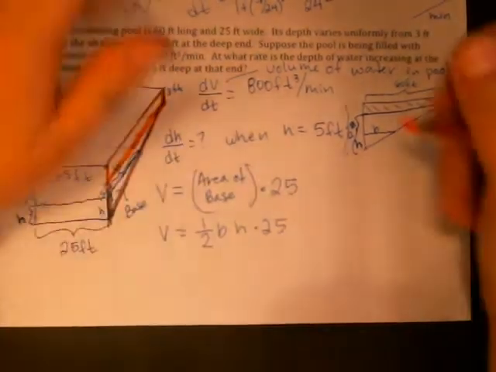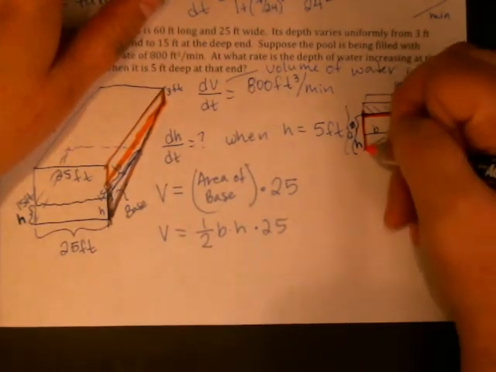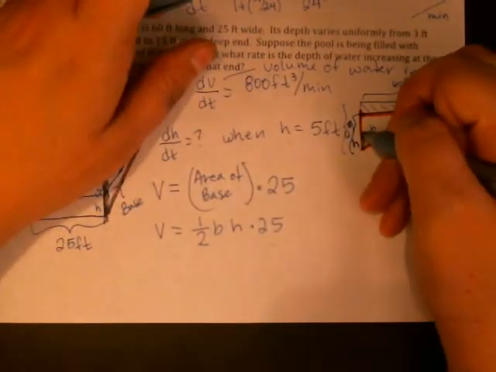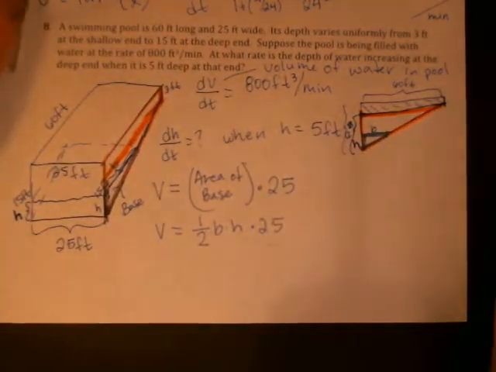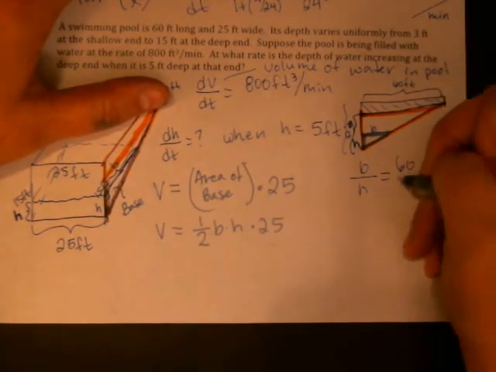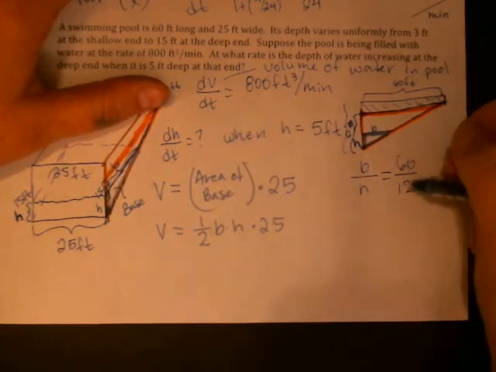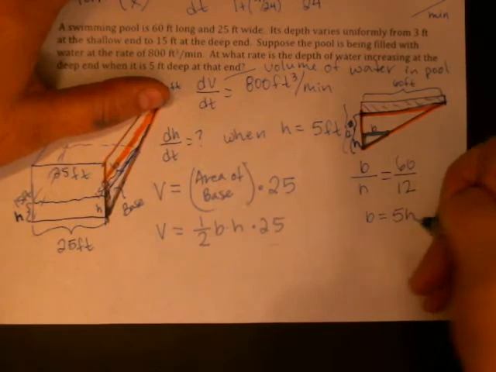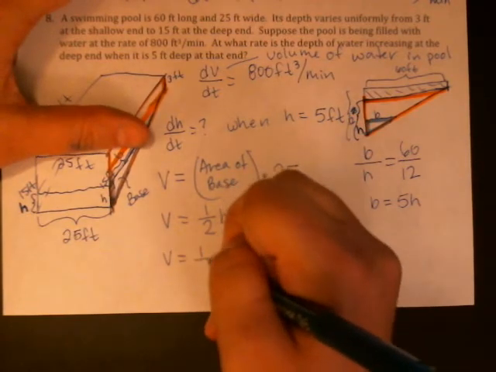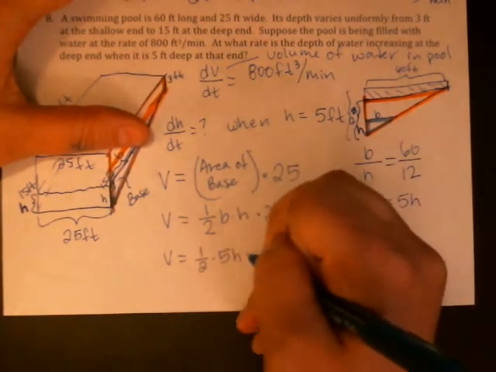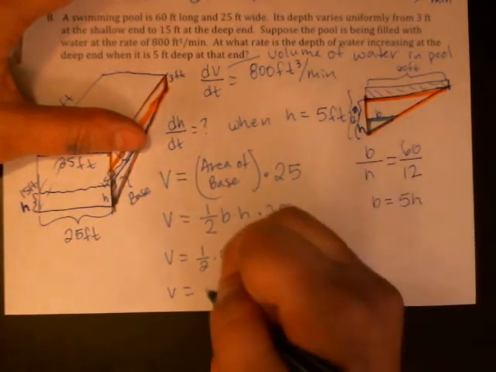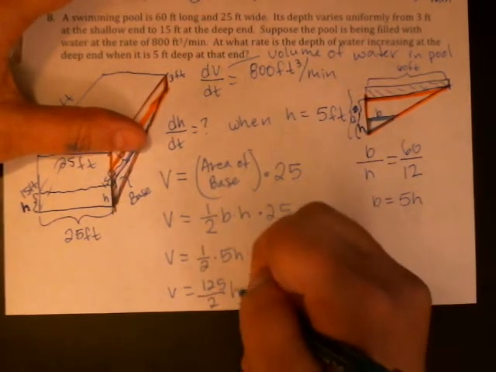We have this bigger 12-foot height, 60-foot base triangle, and then we have our smaller height H, base B triangle, and we are trying to find B in terms of H. So B over H would have to equal 60 over 12. 60 divided by 12 is 5, so B is 5 times H. Back to my formula, I have 1/2 times 5H times 25 times H, which is 125/2 H squared.